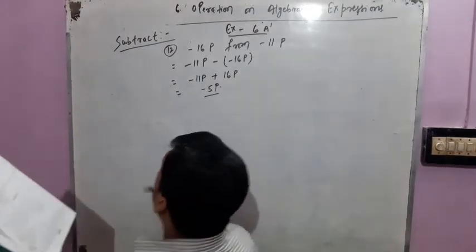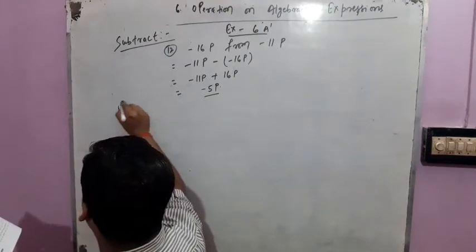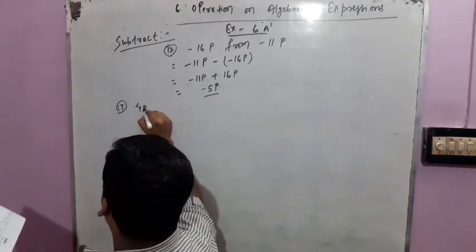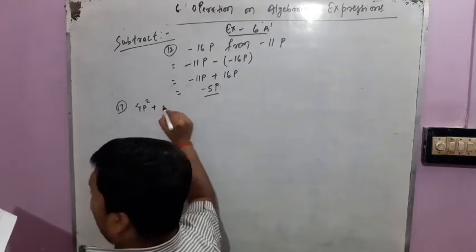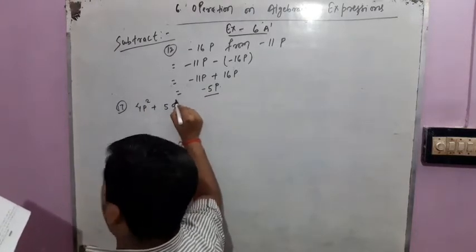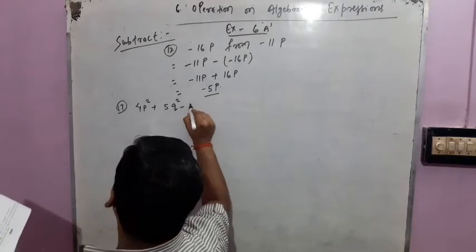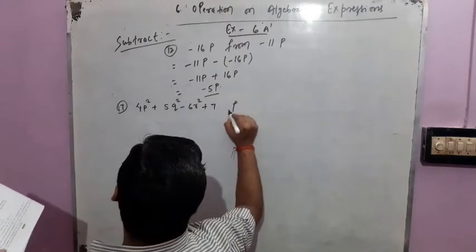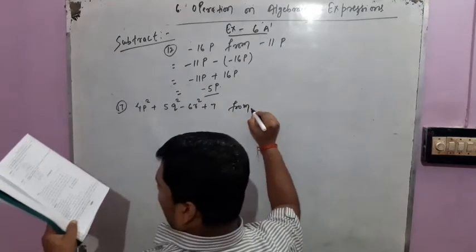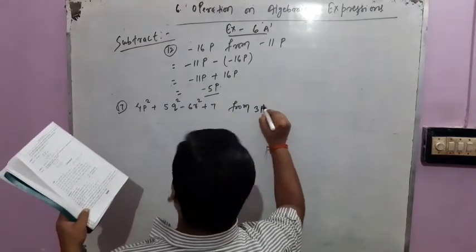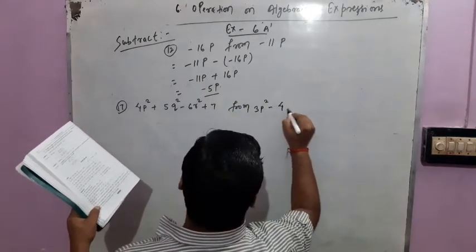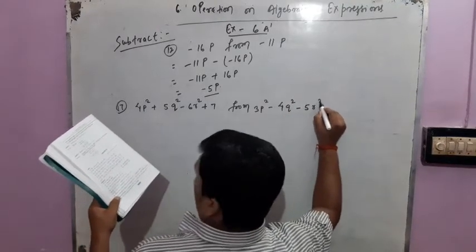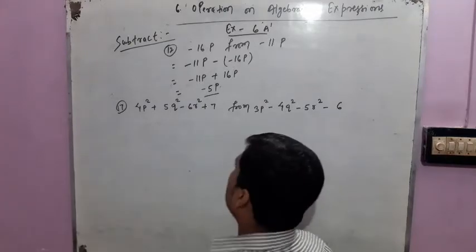So here we are going to solve question number 17. In question number 17 it is given: subtract 4p square plus 5q square minus 6r square plus 7 from 3p square minus 4q square minus 5r square minus 6.